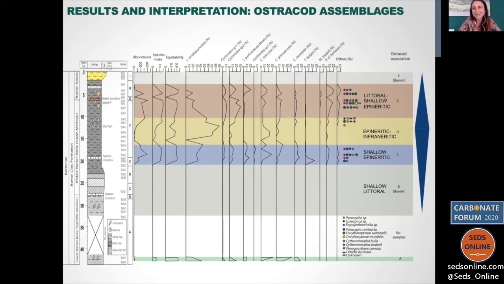But for the moment, I don't know exactly what could be the reason. It could be maybe a drastic change in some parameters in the environment. I exclude a big change in the bathymetry because normally the ostracod assemblages don't change a lot.